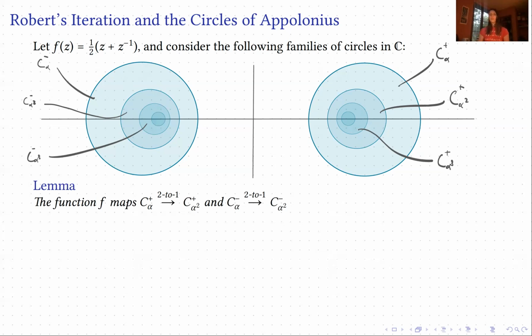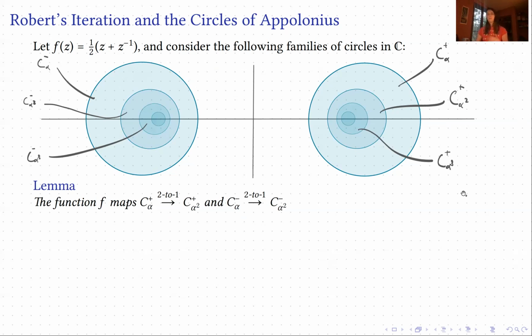In other words, if you keep applying f, the eigenvalues in the right half plane are going to shrink down towards the point 1, and the eigenvalues in the left half plane are going to shrink down towards the point -1. And this is exactly what we want the sine function to do.